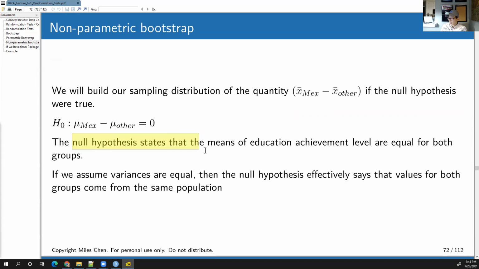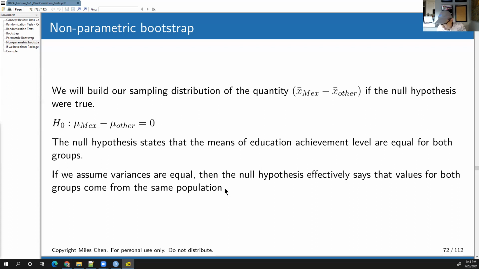The null hypothesis states that the mean education achievement levels are equal for both groups. And if we assume that variances are equal, then the null hypothesis effectively states that values for both groups are basically coming from the same population. It doesn't make sense to separate off people from Mexico from people from other Latin American countries, because as far as educational achievement, we can treat them all as coming from the same population.